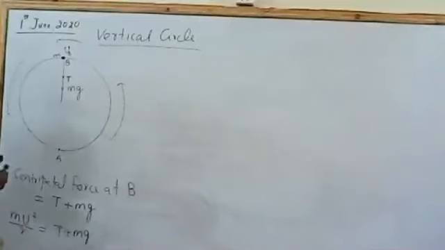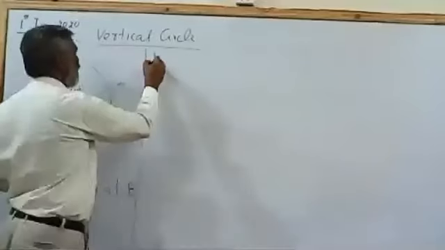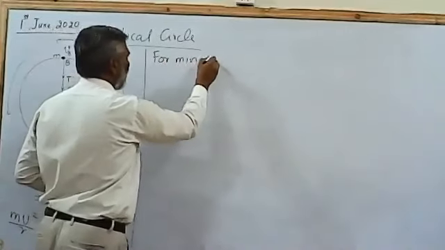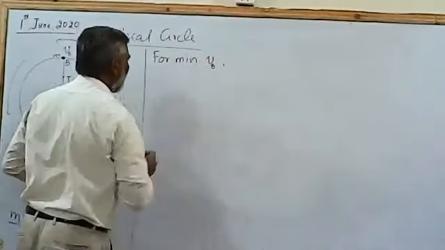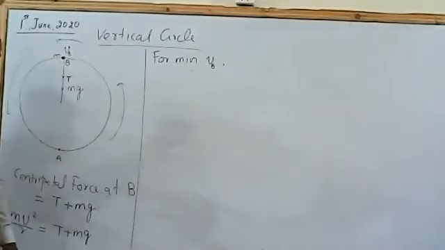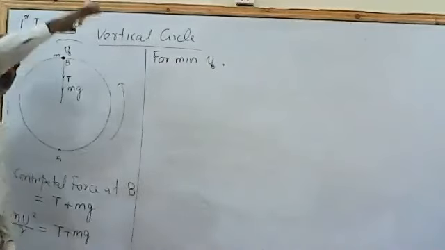For minimum VB, the object should be in a position to move over without falling vertically, so it completes the circle.